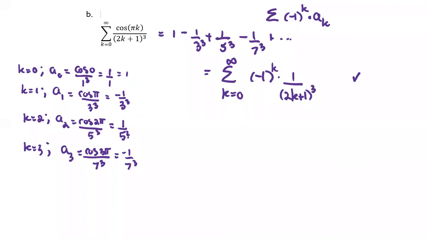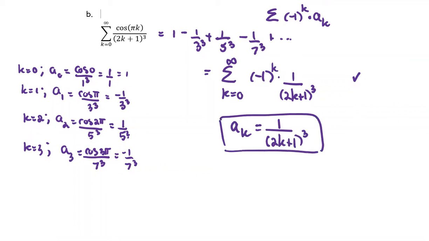With this, we have a_k in the form 1 over (2k plus 1) to the power 3. Using the alternating series test, we have to verify whether a_{k+1} is less than or equal to a_k or not.